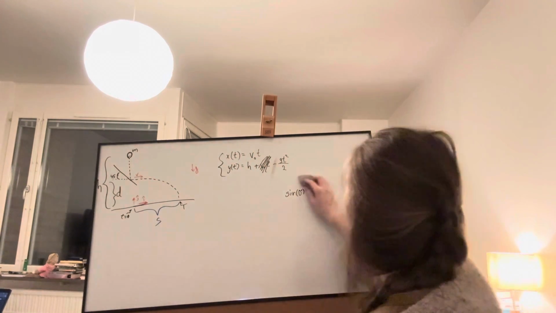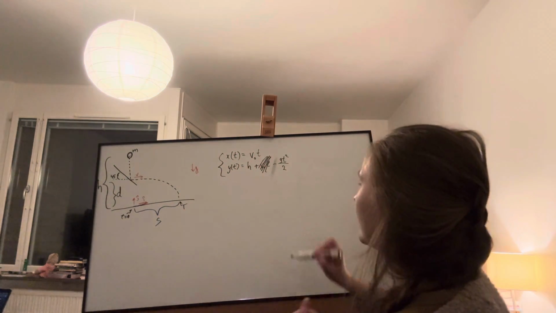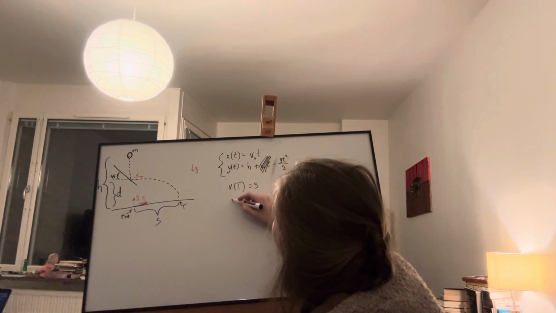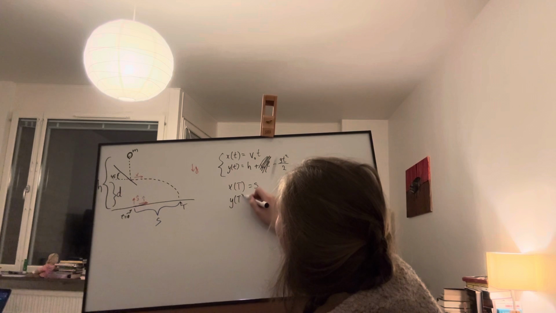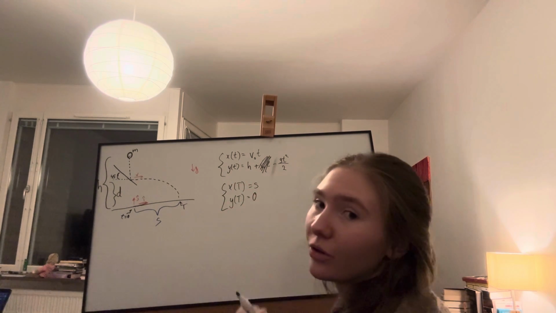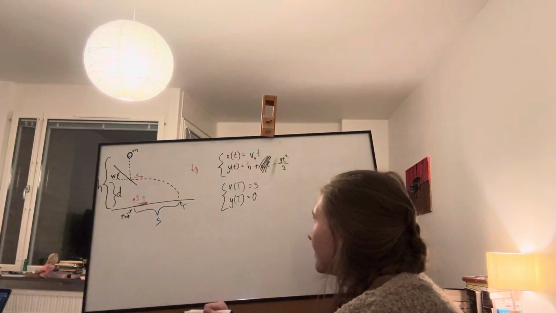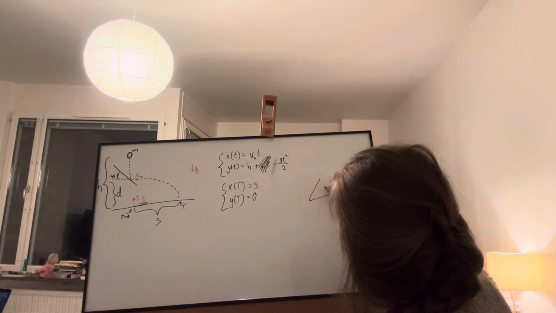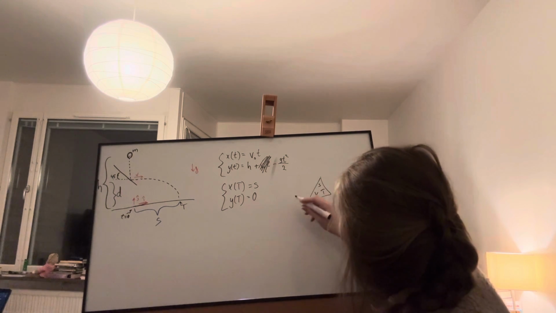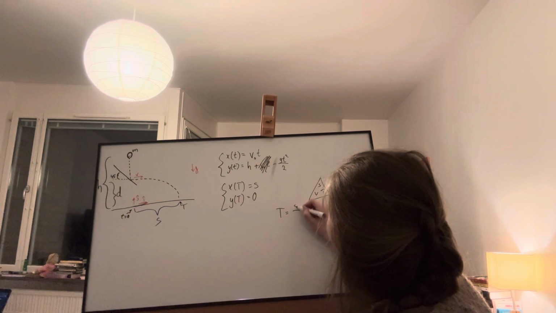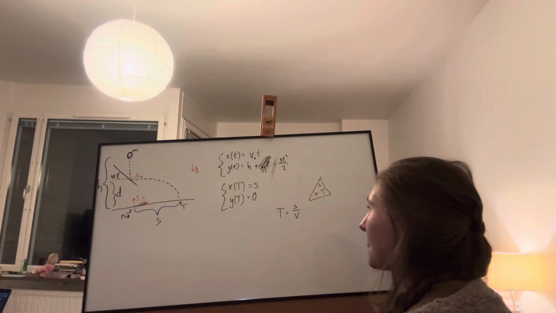Then we go to the next one, which is as usual x big T is equal to s, y big T is equal to 0, because we are on the ground. Then we use s big T to find t, which is equal to s over v.